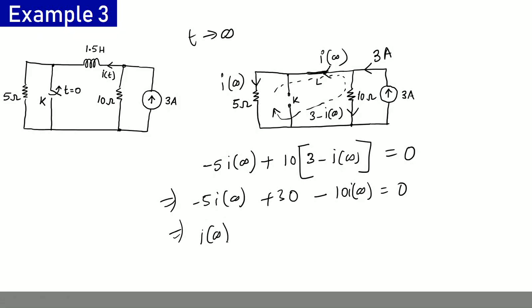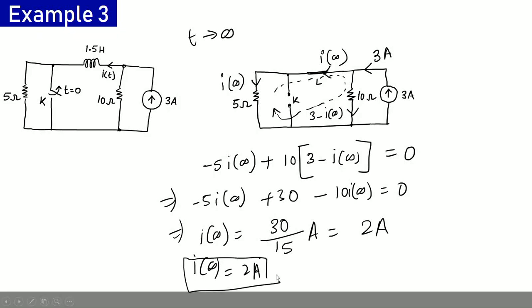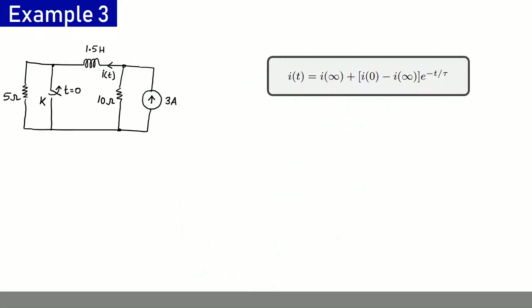So from here I calculate I infinity to be 30 divided by 15 amperes, that is 2 amperes. So I infinity is also known, which is 2 amperes. So now we know I naught, I at 0, which came out to be 3 amperes, and I at infinity came out to be 2 amperes.